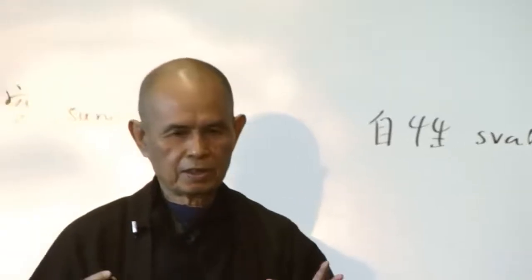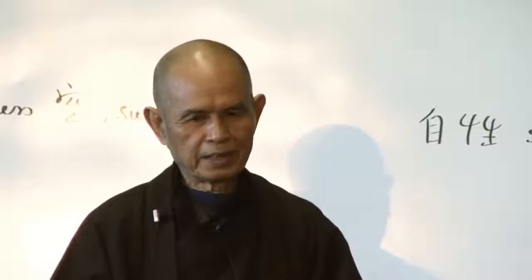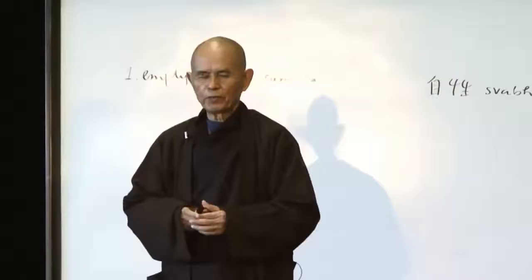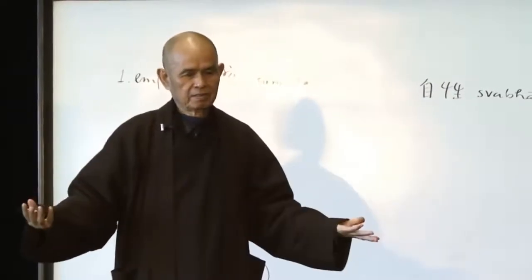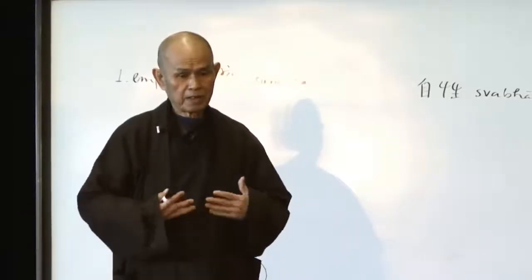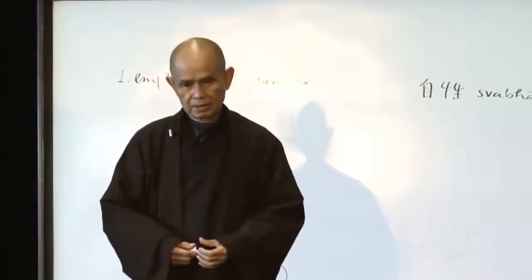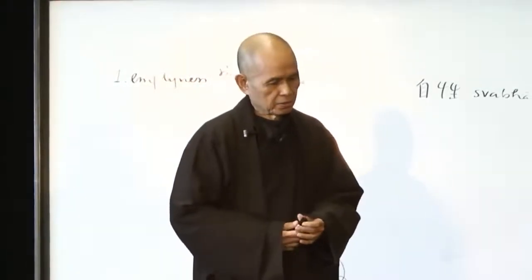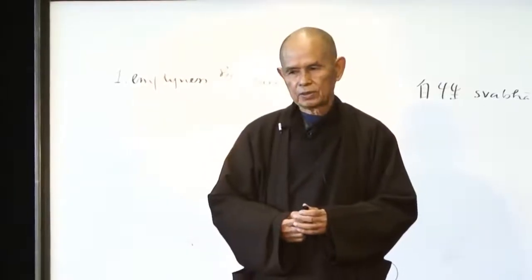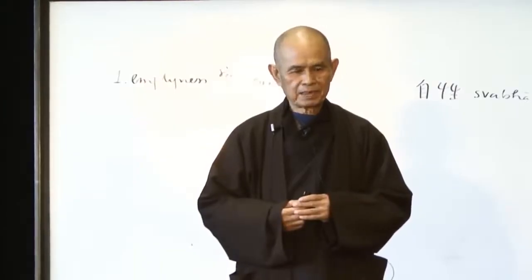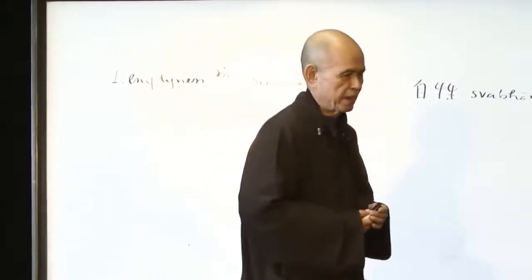Everything contains the whole cosmos, but is empty only of a separate existence, of a self-nature. Because if we remove the non-flower elements from the flower, there is no flower left. And flower, according to Buddhist teachers, is a conventional designation. It's only a name, a conventional designation.